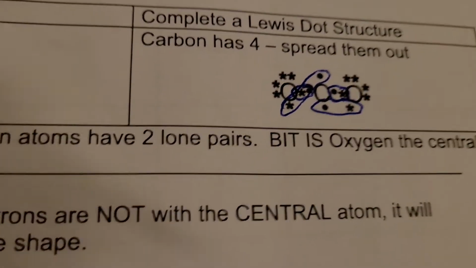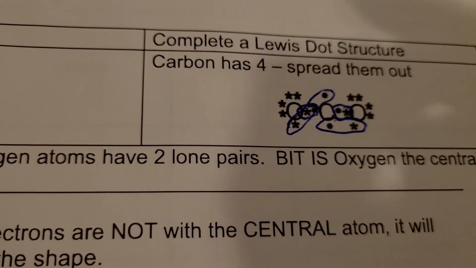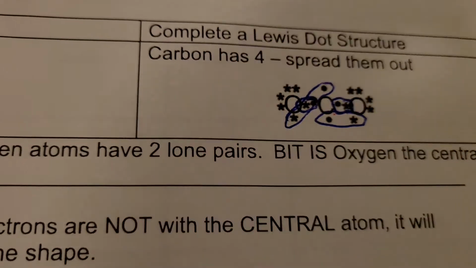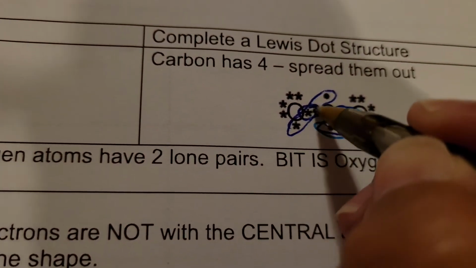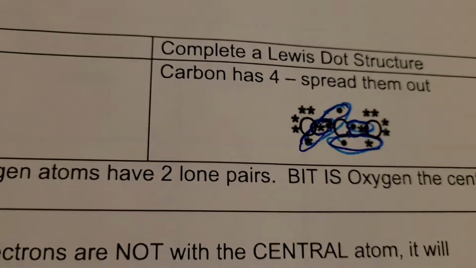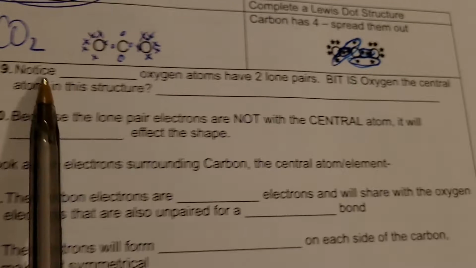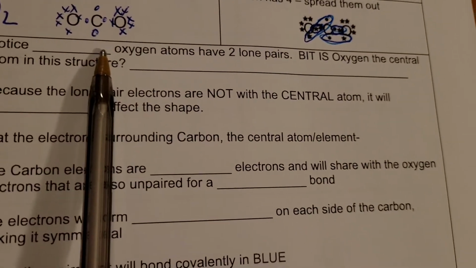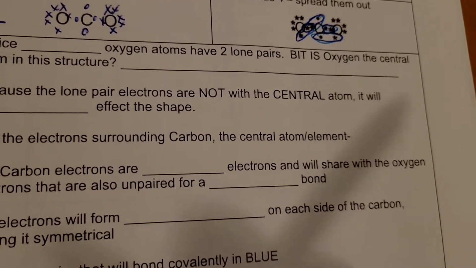Okay, so carbon is our center atom, and it has an oxygen on each side. And here's our 1, 2, 1, 2. All right, so we're going to notice that the oxygen has lone pairs.